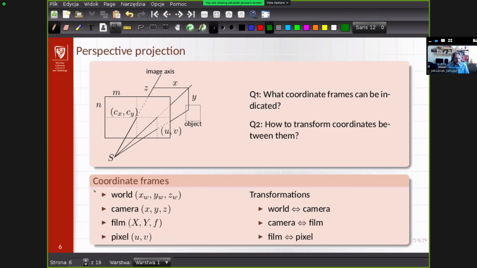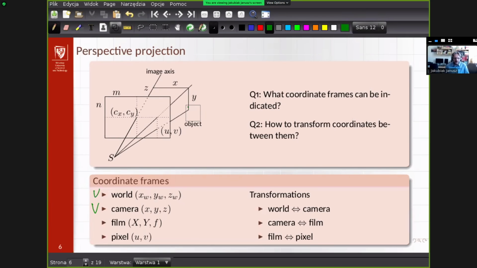Okay, so those are the first two. We have the world system and the camera system. What else do we have? There is a film coordinate system, which is in fact the effect of the projection of the x, y, and z coordinates of the object.